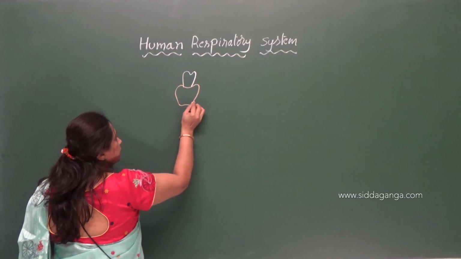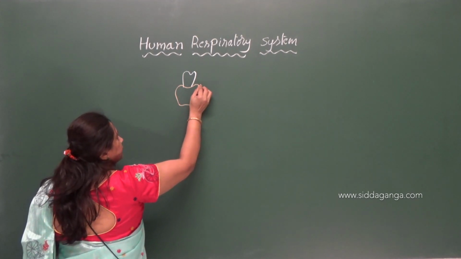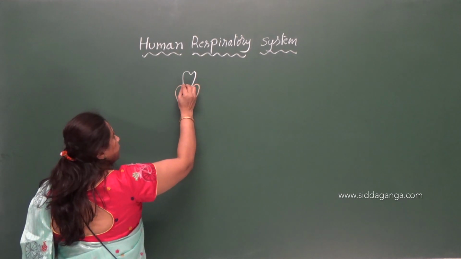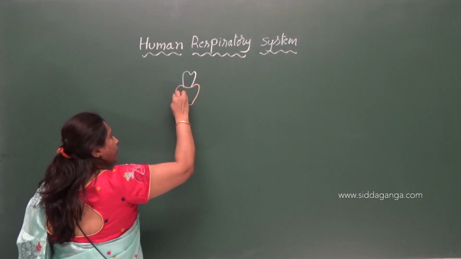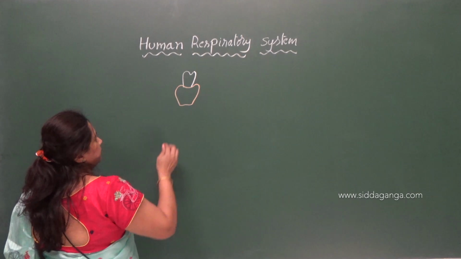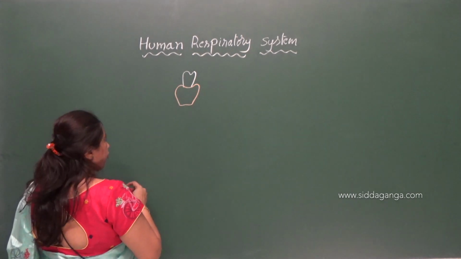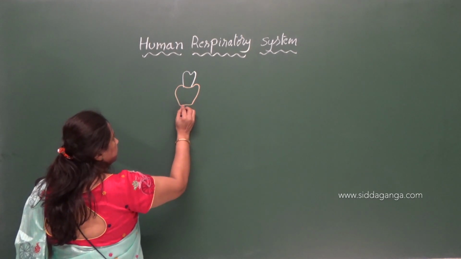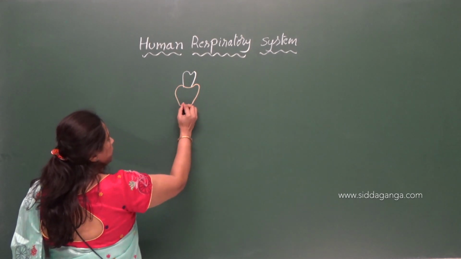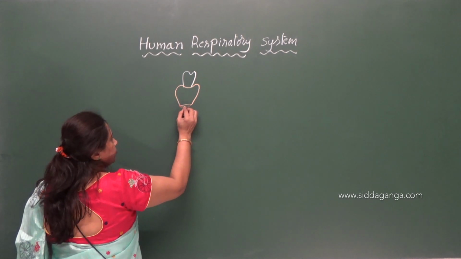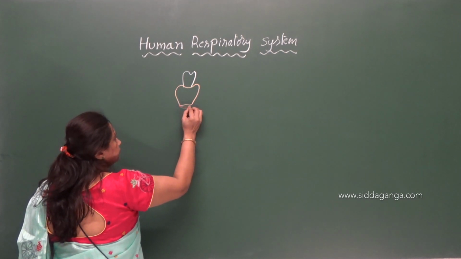So this is the thyroid cartilage. In the front portion we can see only 3 cartilages: the epiglottis, the thyroid cartilage and the cricoid cartilage. So I am drawing the larynx now.